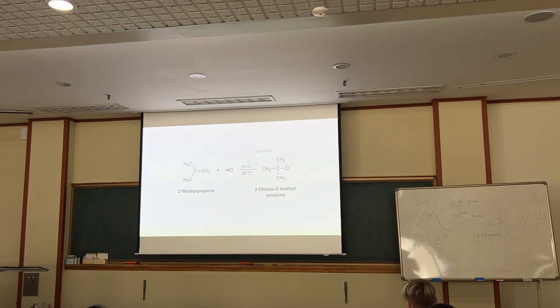Now, to draw the reaction, this is a common way we draw: reagent 1, reagent 2, an arrow and the product. On top of the arrow, usually we put the solvent and conditions.